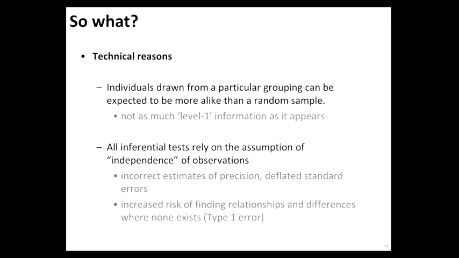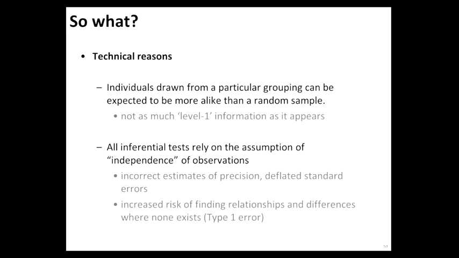Even though I measured 1,000 kids, they all seem to have about the same BMI. In that case, my real sample size is not 1,000, it's 10, because the potential variation that I'm observing is only between schools, not between individuals. So as the amount of clustering, the amount of correlation between observations increases, the level 1, the child-level information, the true effective sample size, goes down.